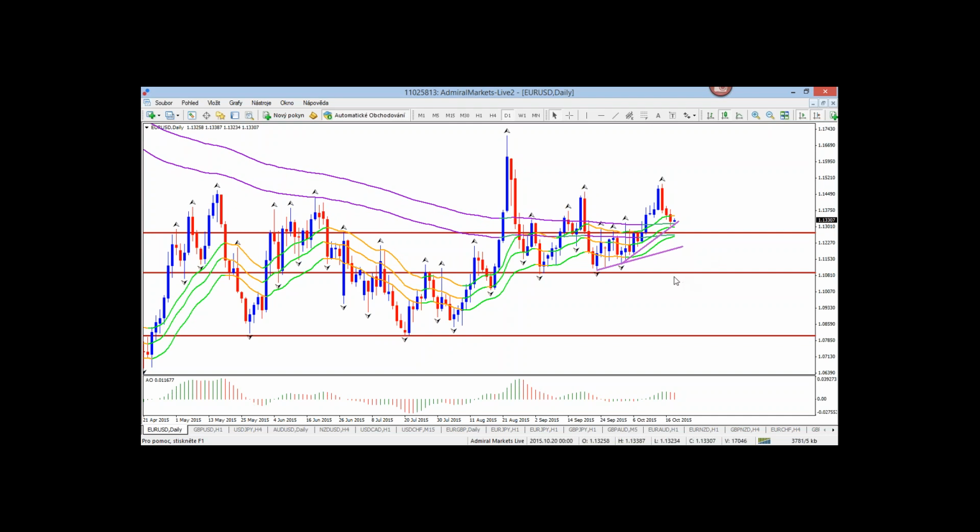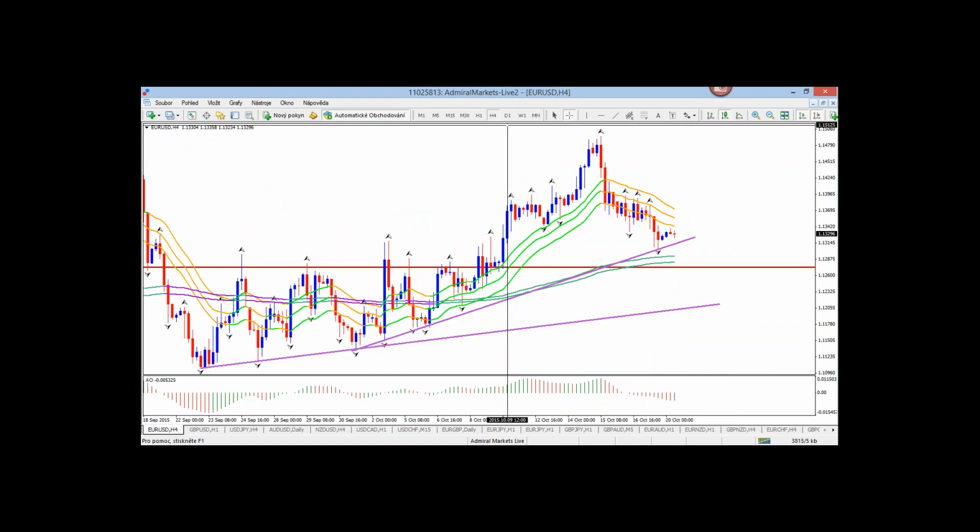So from that point of view, maybe some downside left, but I wouldn't expect a fall all the way down to 108 or 105 or 100 immediately. That probably could only happen if the interest rate indeed is hiked next week. Otherwise, I would expect some movement, but relatively tighter movement, and not be very ambitious in my targets.